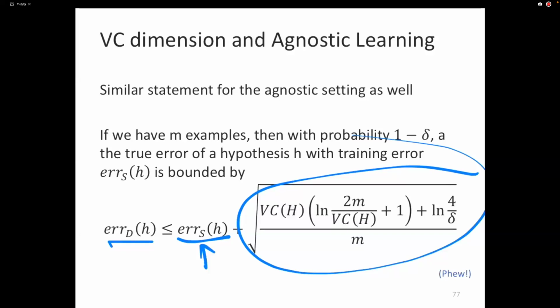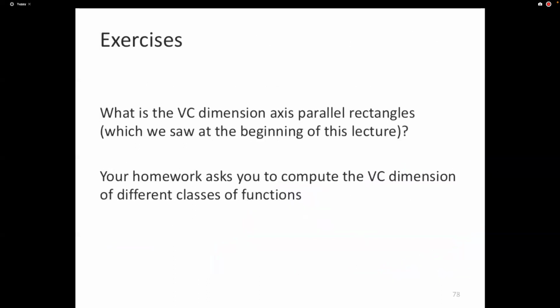As an exercise, the longer I stare at this, the more answers I get. So let me move on. It's worth thinking about how to compute the VC dimension of function classes. As an example, we saw axis parallel rectangles at the beginning of the lecture, which just says that everything inside the box is positive, everything outside is negative.